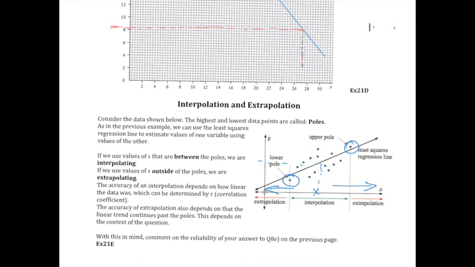But if we use values of x that are between these poles, so in here in this green area, this is called interpolating, because we're choosing values of x that are within the values we were given. Does that make sense? If we choose values of x outside of these poles, either over here or over here, this is called extrapolating, because it's outside the region that we were given.